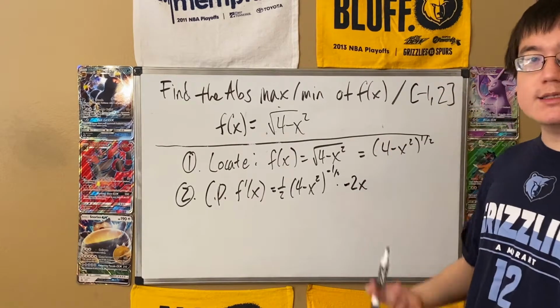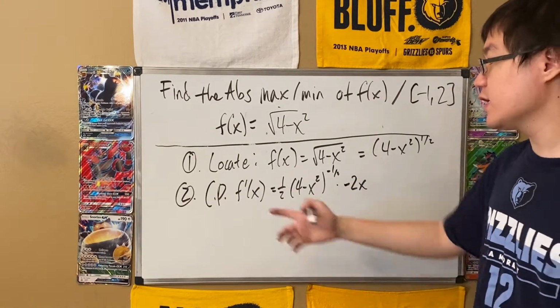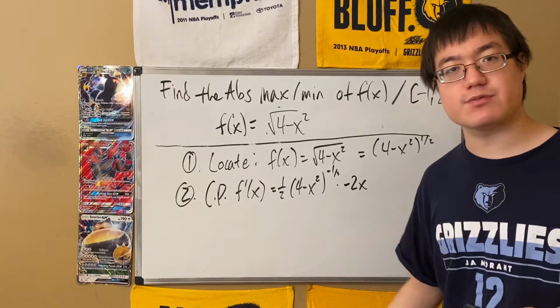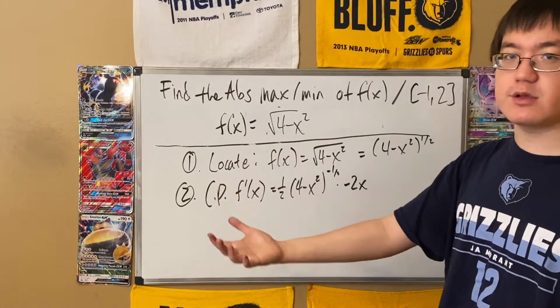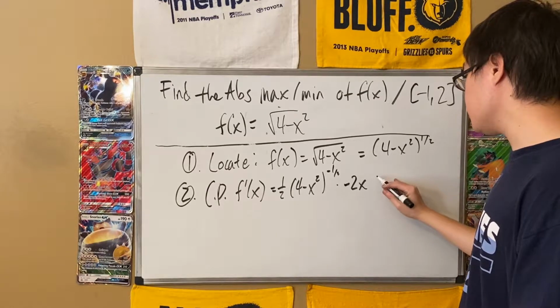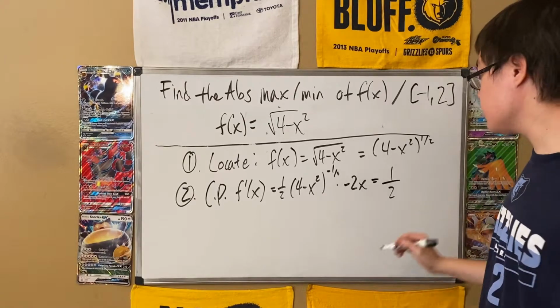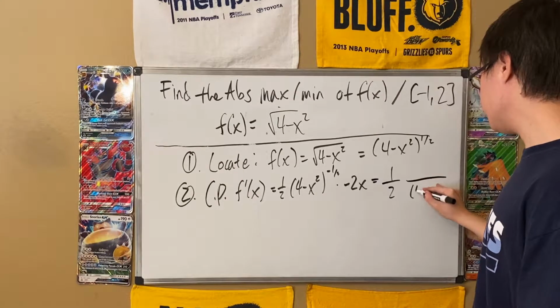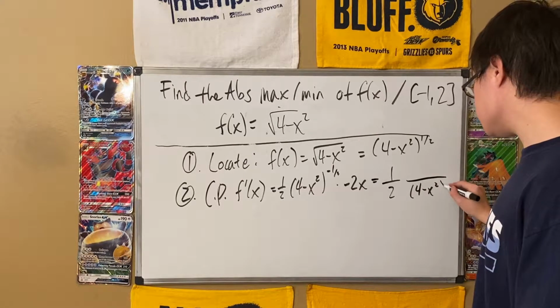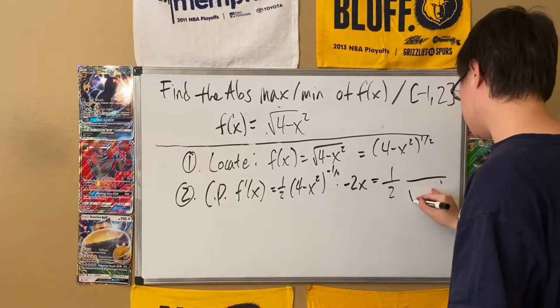What we need to do is set this derivative equal to 0, and also see where the derivative doesn't exist, keeping in mind that critical points often is when the derivative equals 0, but potentially you might have the derivative not exist, for example in this case. So what we're going to do is write equals 1/2. We're going to change this back into a square root because it'll be easier to deal with. The square root of 4 minus x squared, so we can erase these parentheses and just write a root.